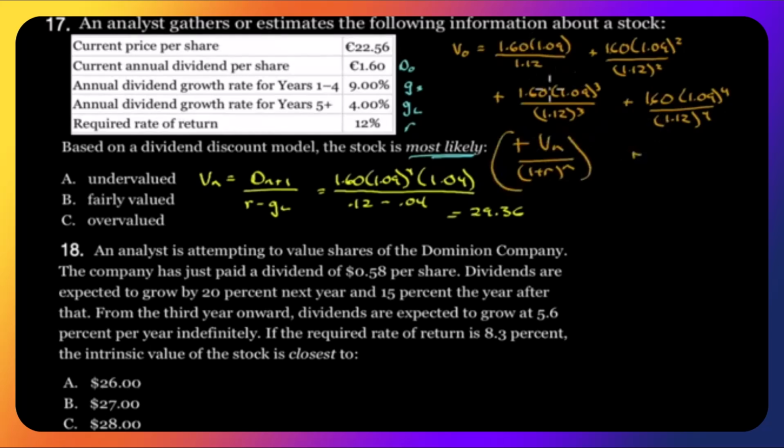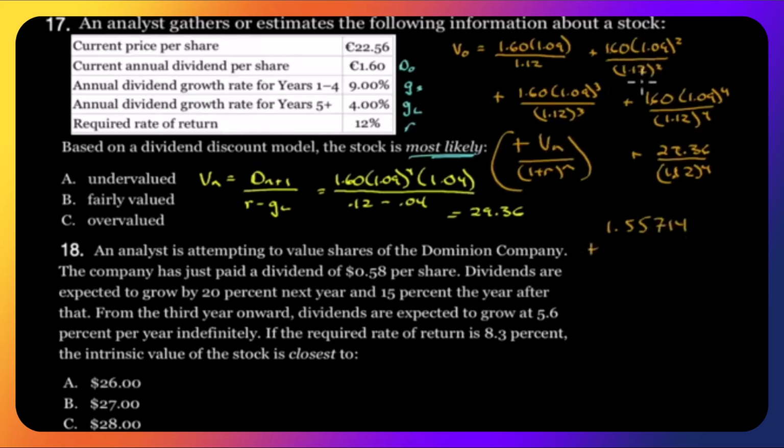So we know that this term over here will be plus these 4 terms, plus we know it's 2936 over 1.12 to the power of 4. And this first term, if you calculate it out, will come to 1.55714.